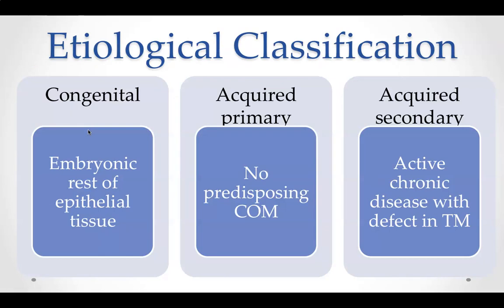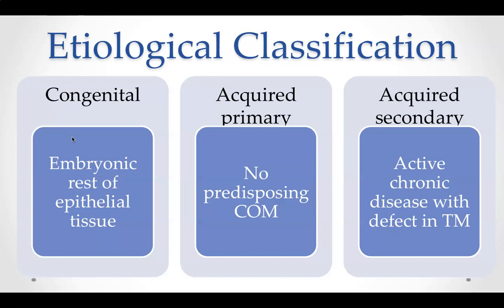Now, talking about the etiological classification, this is something important for you. We have divided cholesteatoma into two parts, that is congenital and acquired. Acquired has primary and secondary. First, congenital is due to embryonic rest of epithelial tissue.